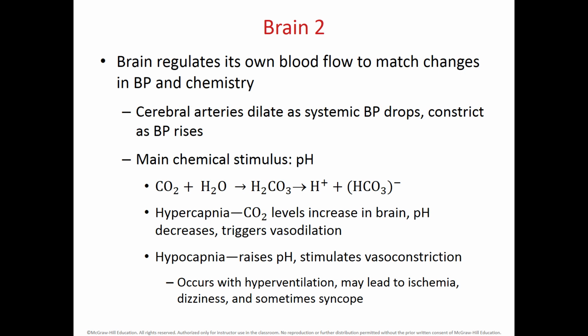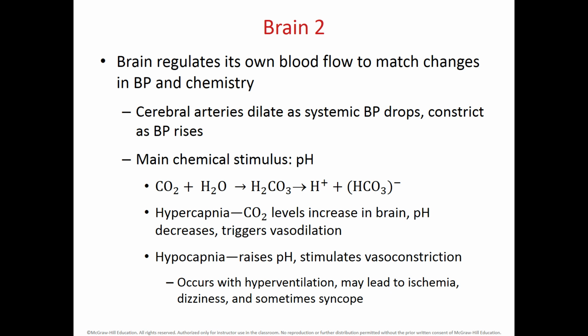Now, the brain can regulate its own blood supply to match the changes in blood pressure and chemistry. So, the cerebral arteries, the ones that provide blood supply to the brain, can dilate when someone has a drop in blood pressure, because you always have to have a constant blood supply into the brain. And if someone has an increase in blood pressure, the opposite is going to happen.